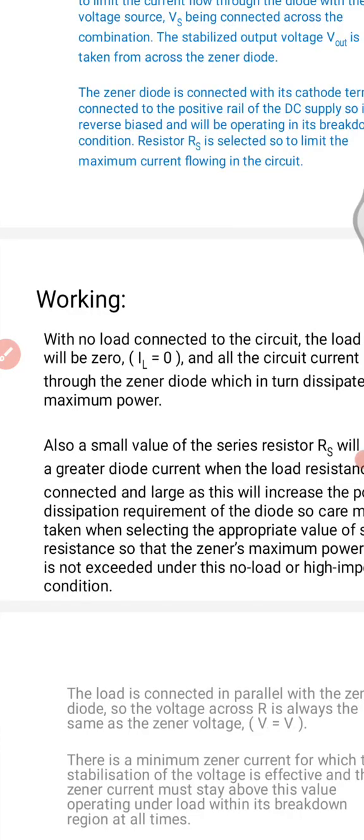Suppose we select the value of Rs; the power dissipation across the Zener diode depends on that selection. Proper selection of series resistance will determine the diode current when the load resistance RL is connected.